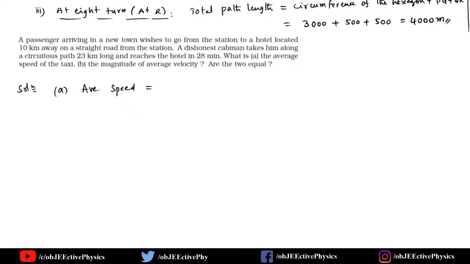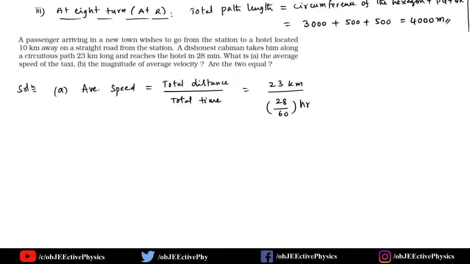Average speed is equal to total distance, or total path length, divided by total time. What is the total distance here? 23 kilometers. Total time is 28 minutes. If it is converted into hours, 28 by 60.